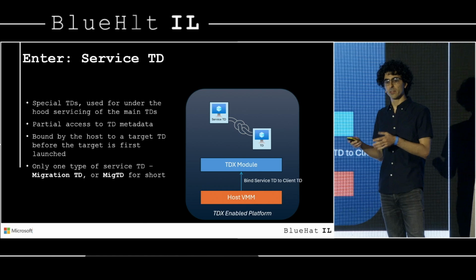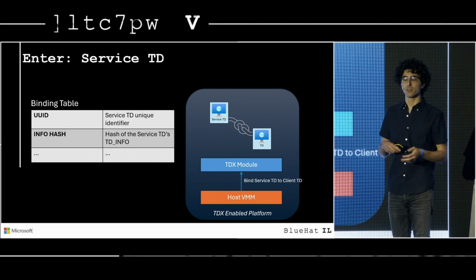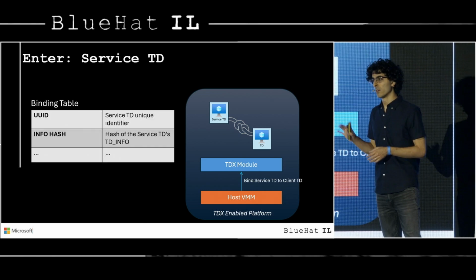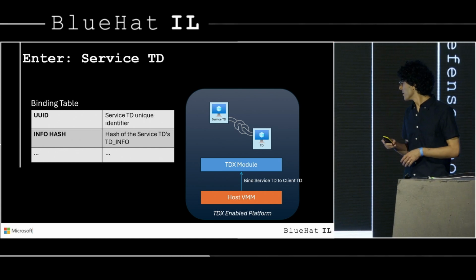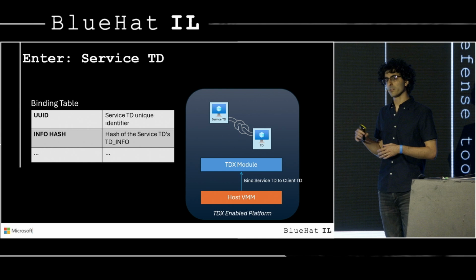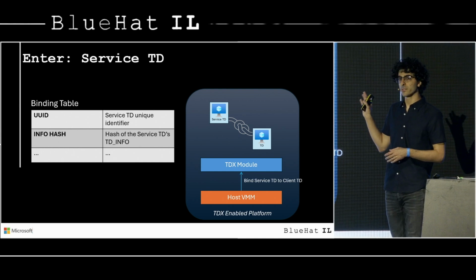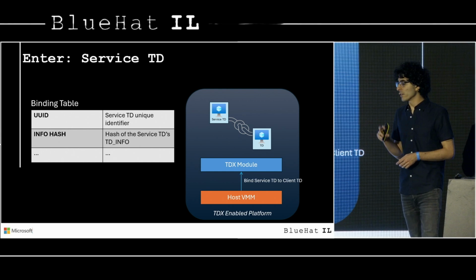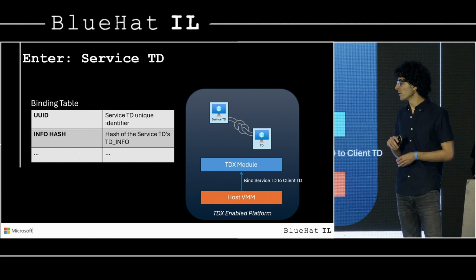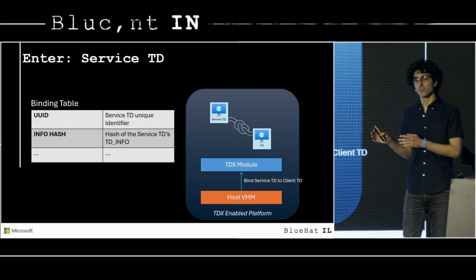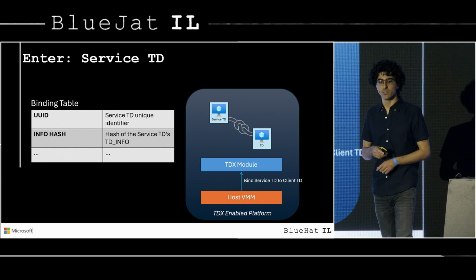Okay, so this binding internally is managed using a table called the binding table, which is also part of the TD metadata. And this binding table contains several properties of the bound service TD. There are two properties that we will focus on in this talk. First one is UUID, simply the unique identifier of the bound service TD.